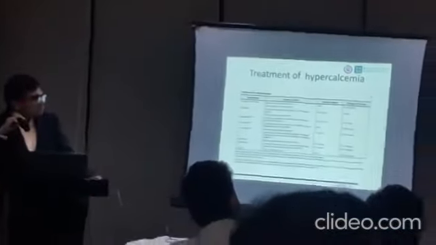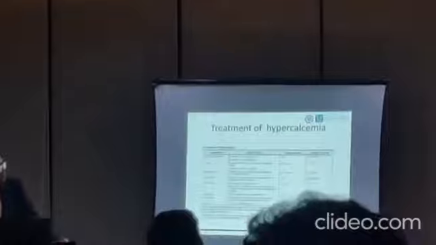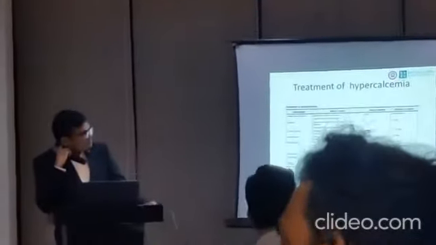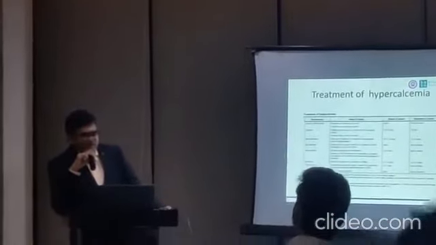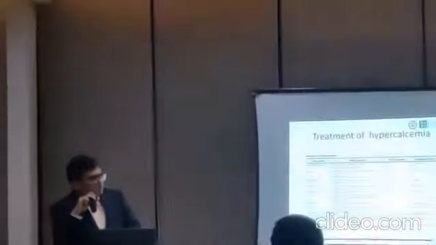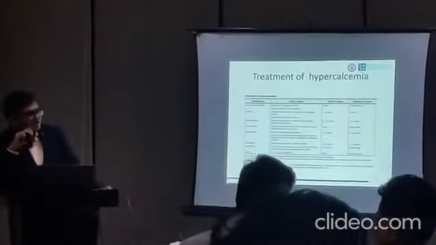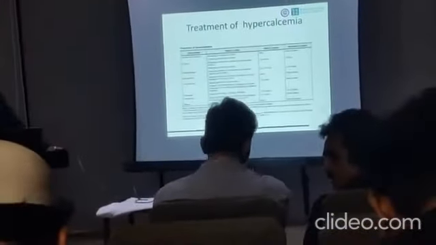Isn't post-prandial glucose more important than fasting? Both are equally important. The guidelines say if fasting and HbA1c are normal, then no need to go for post-prandial blood glucose. If HbA1c is slightly high and fasting is normal, then go for post-prandial blood glucose.